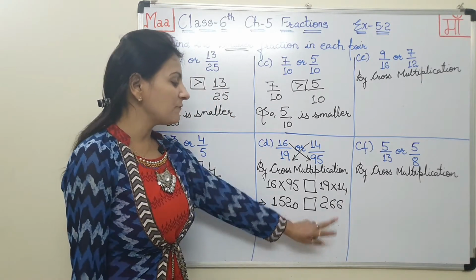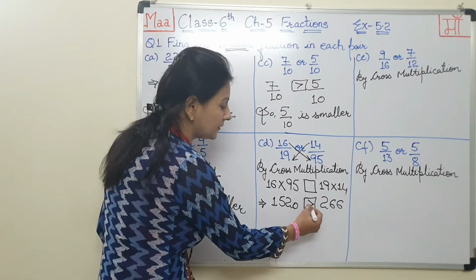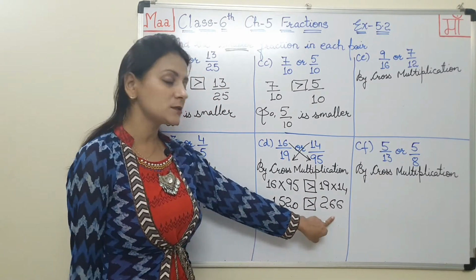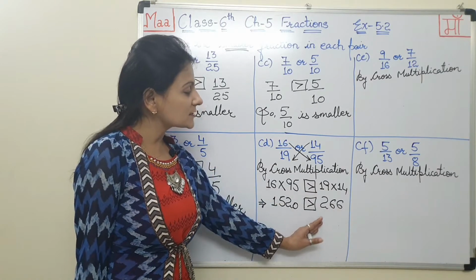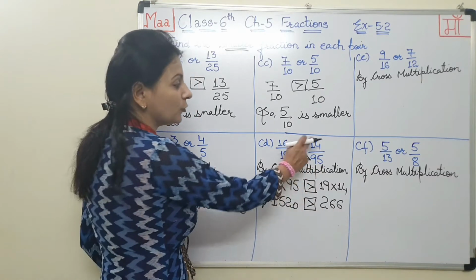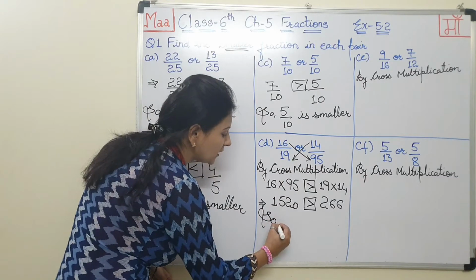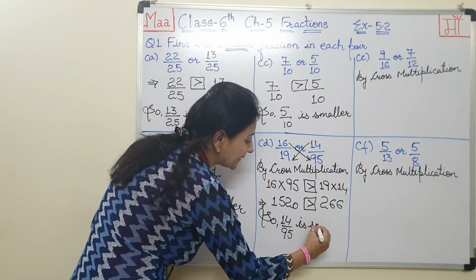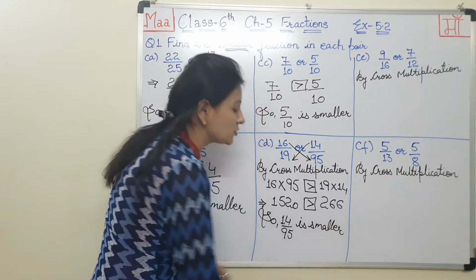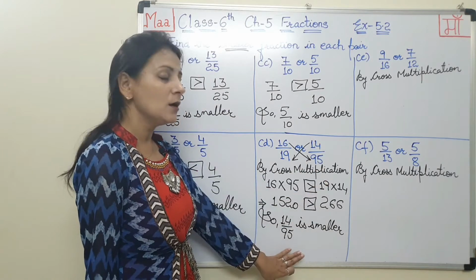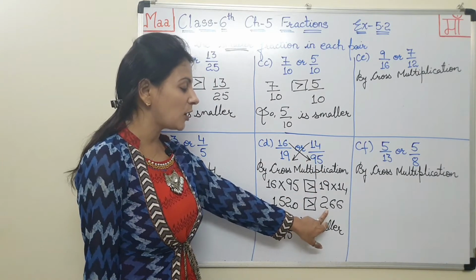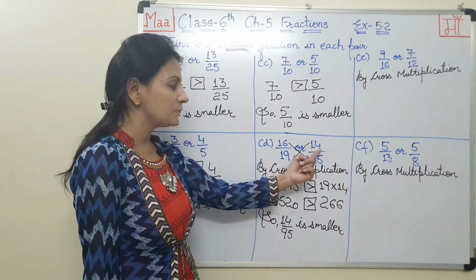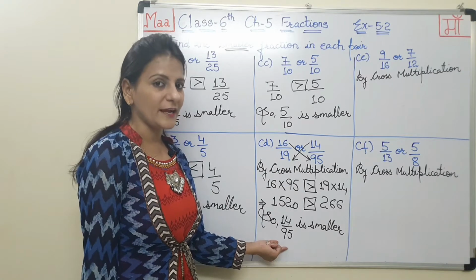Now from 1520 and 266 which is greater? 1520 is greater. So if 1520 is greater, that means which is smaller? 266. And just above 266, which fraction is there? 14 upon 95. So 14 upon 95 is smaller. The side whose result is smaller, the fraction just above it is counted as the smaller fraction. So 266 is smaller, and just above 266 is 14 upon 95. That means the smaller fraction of both is 14 upon 95.